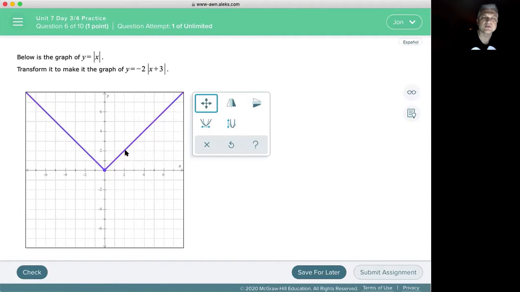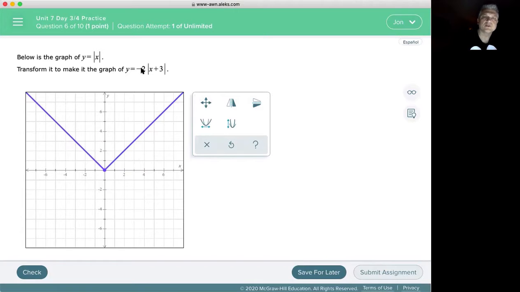So let's say there was a -4 out here. We could just take this and go down 4 units. Okay? You might want to grab it right by this dot. Okay, so let's say it was a +5. We would go up 5. Okay, if you ever want to go back to the original, just hit the X.